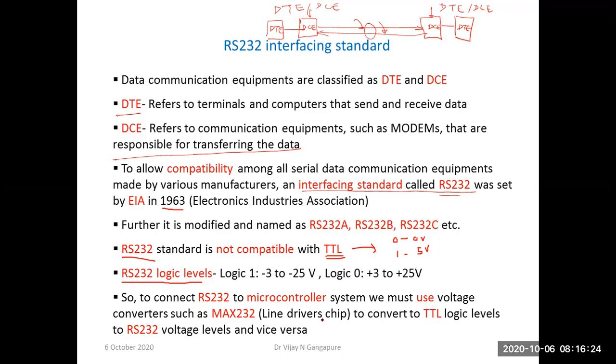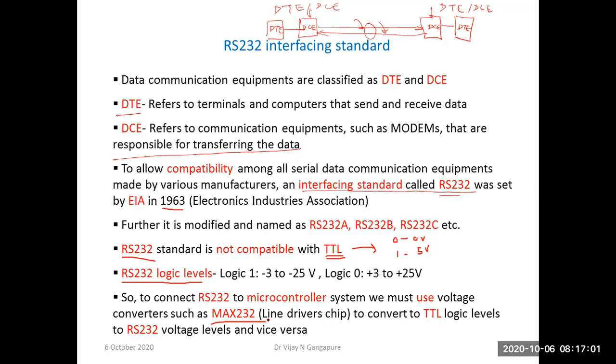The MAX232 is a voltage converter connected in between the 8051 microcontroller serial port and the RS232 port of any data communication equipment. It converts TTL logic from the 8051 to RS232 logic, and in reverse converts logic levels from RS232 to TTL.